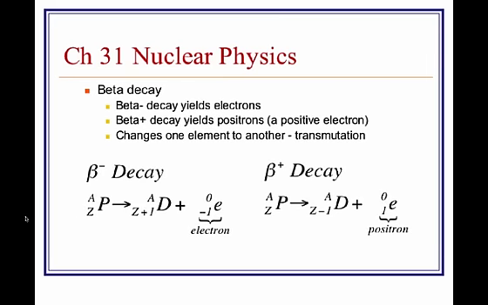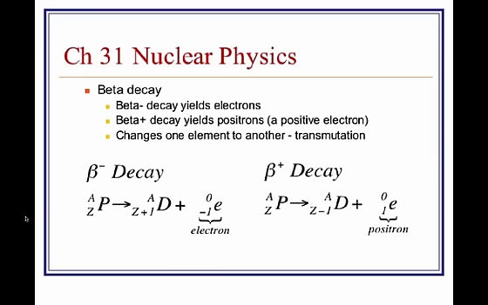There are 2 types of beta decay, beta plus and beta minus. In both cases, a neutron, generally an unbound neutron within the nucleus, is decaying into 2 particles. In beta minus decay, the neutron decays into an electron and a proton.